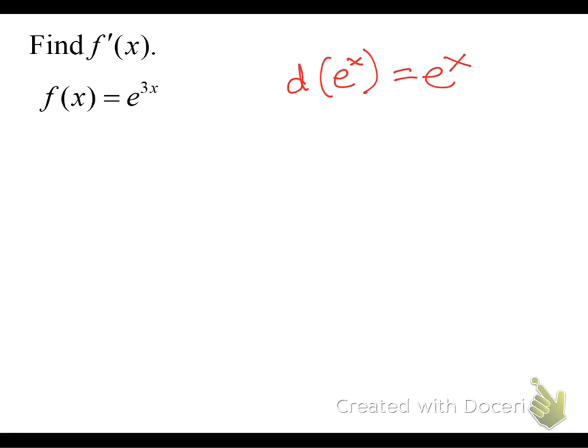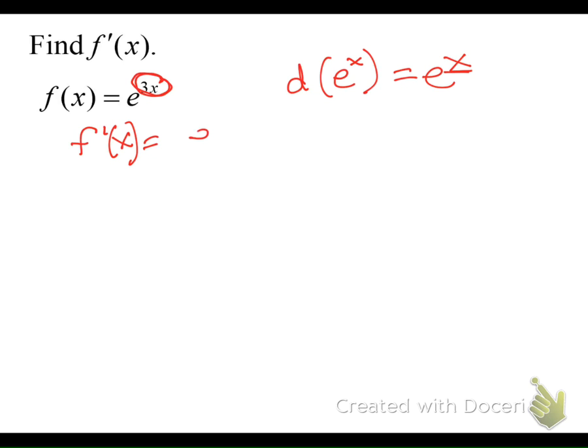But when it's not just e to the x and it's e to anything else, then the outside function is e, and the inside function is the exponent. So the derivative of the outside is the derivative of e to the 3x.